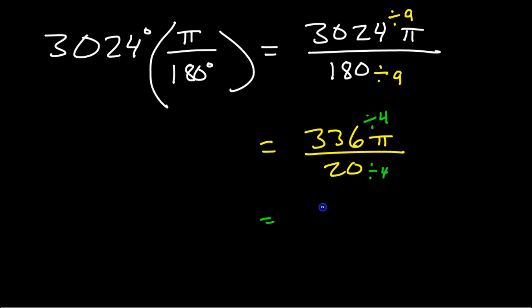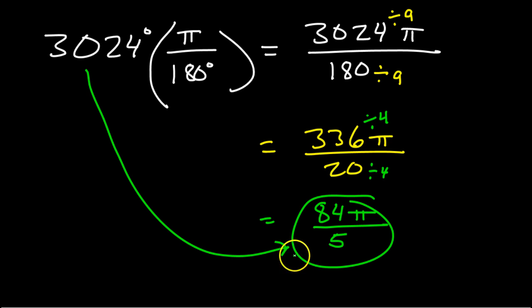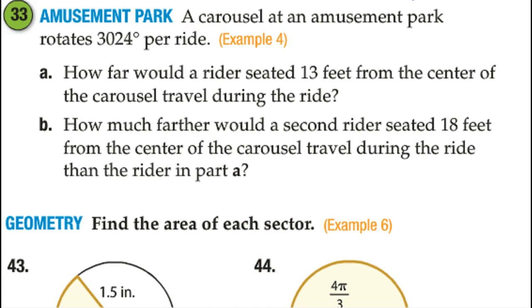That's going to give us 84 pi over 5. And that's as far as we can go. So this is 3024 degrees in radians: 84 pi over 5. Got to remember that for 5 seconds.